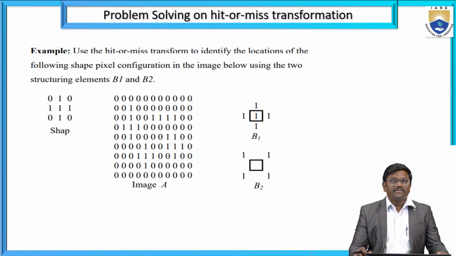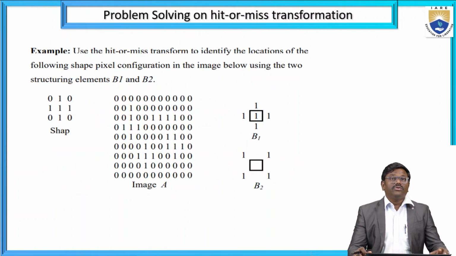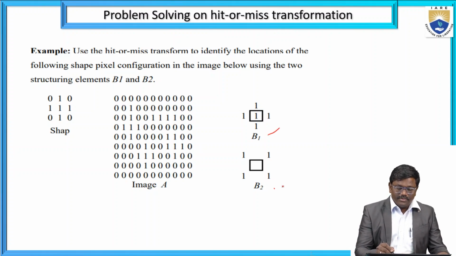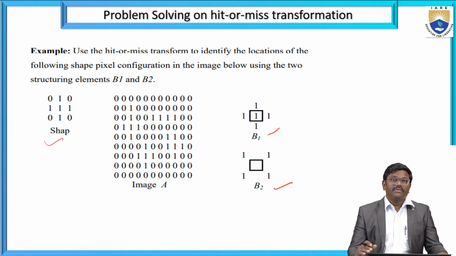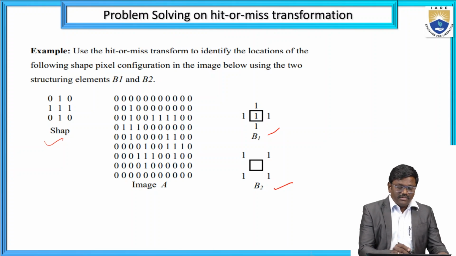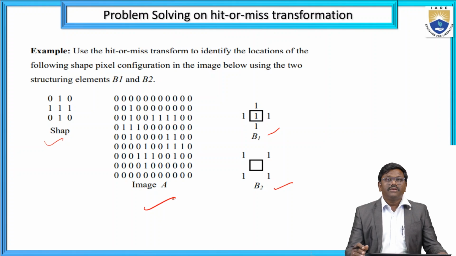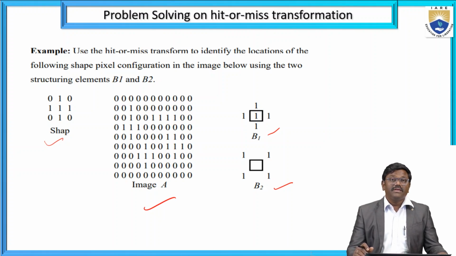Let me take this example to understand the usage of the hit or miss transformation to identify the location of the following pixel configuration. In the image below are given two structuring elements, B1 and B2. This is B1 and B2. You can understand that 0 represents the background and 1 represents the foreground. Based on this image, we can apply which one is hit and which one is miss.